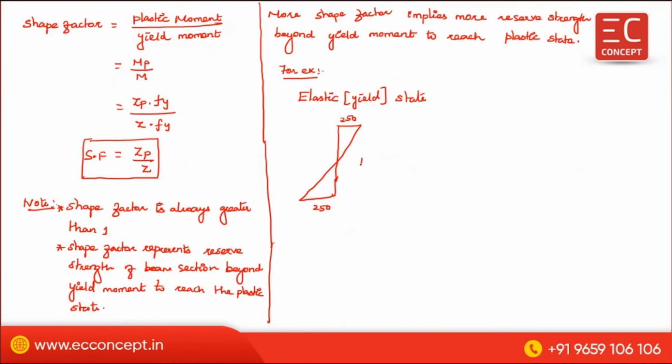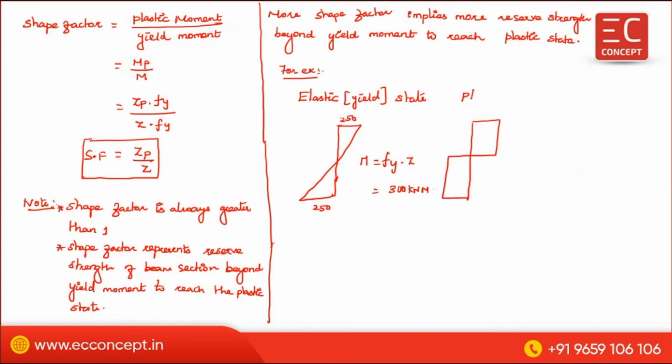Then the elastic state moment is equal to Fy into Z. For example, this is 300 kilonewton meter. This is the yield stress, but in this case only the top and bottom fiber is subjected to yield stress. The remaining depth is subjected to stress less than the yield stress. That's why we are getting a triangle.